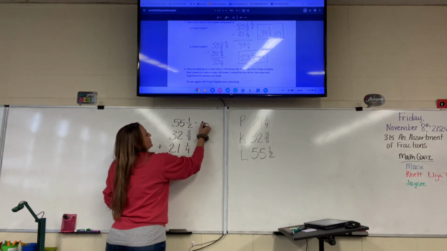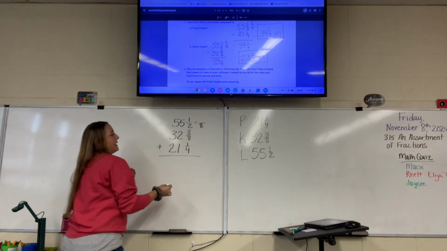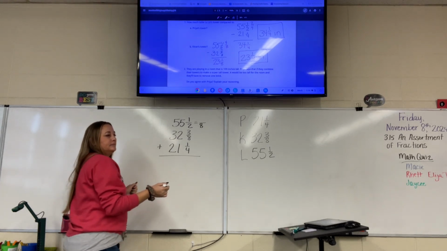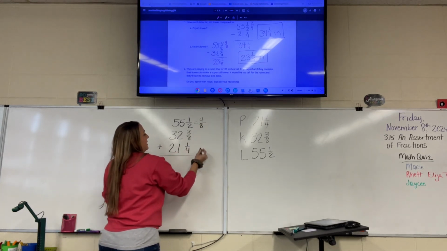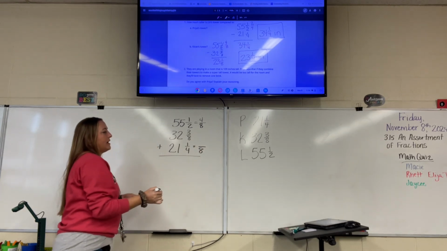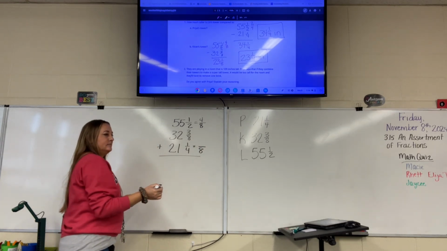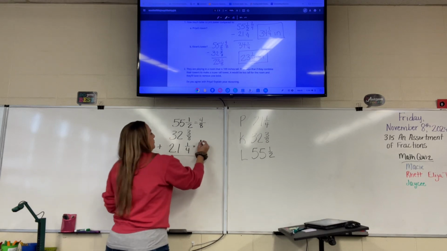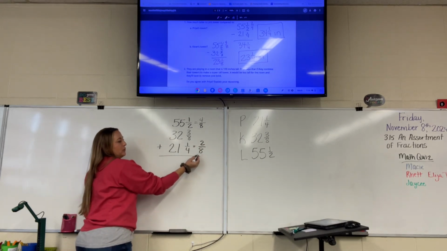If we turned 1/2 into 8s, how many 8s are there? Jackson? 4. Okay? If we turn 1/4 into 8s, how many 8s would that be? Jackson? 2. Because what do you multiply 4 times to get 8? It's 2, and if you do it to the bottom, you do it to the top.